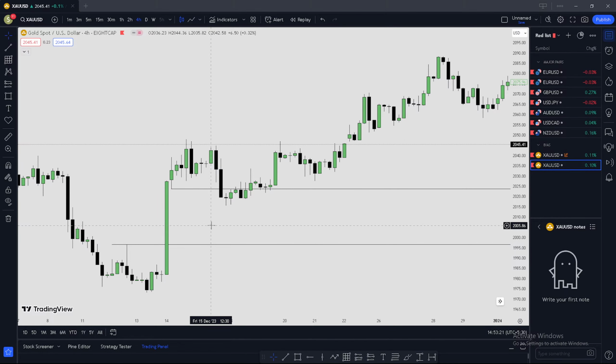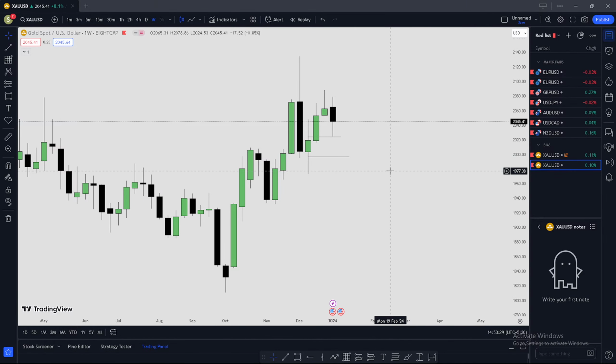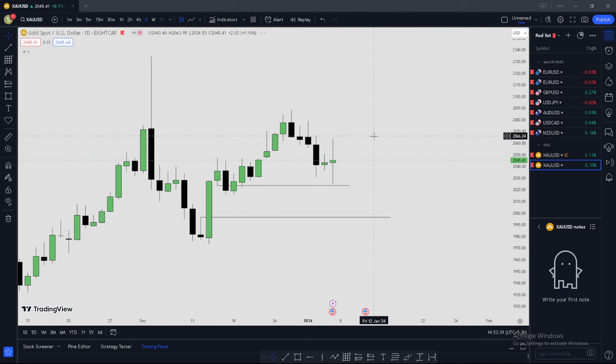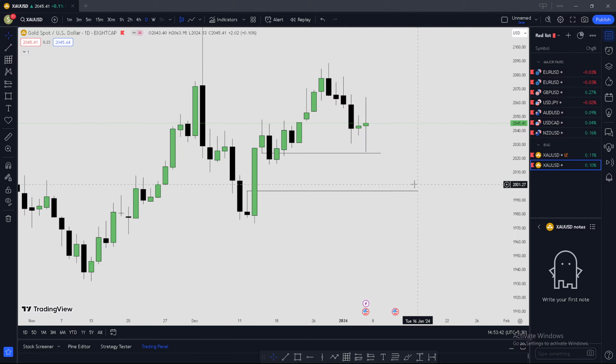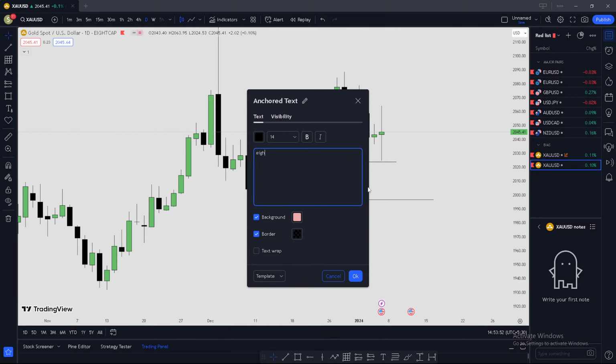On a week as well, I guess the price would have shown us a fair value gap. Let's see how these things actually will work out. I'm expecting some bullish price action next week. Okay, we'll see how things will turn out. This is the 8 cap. Let me just write it down over here.